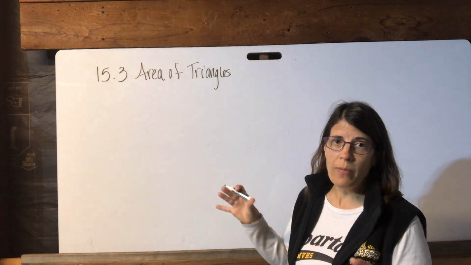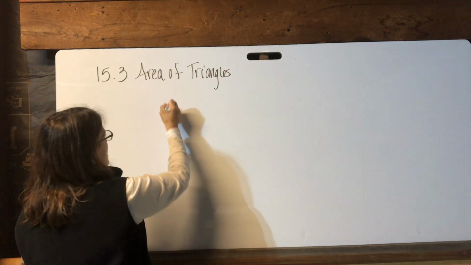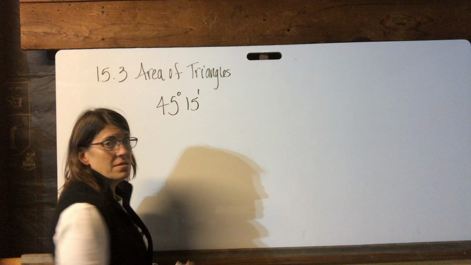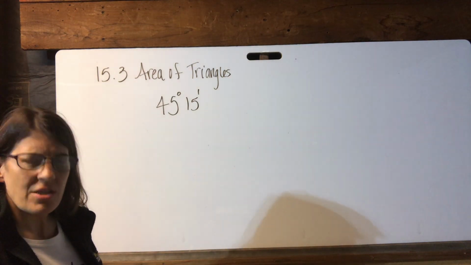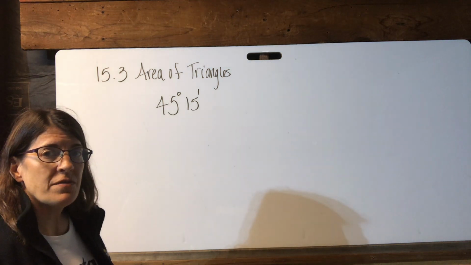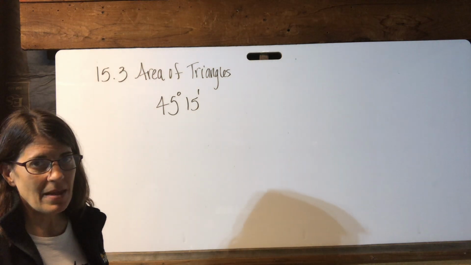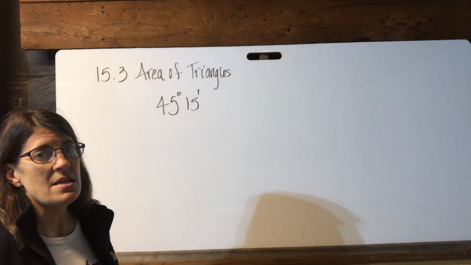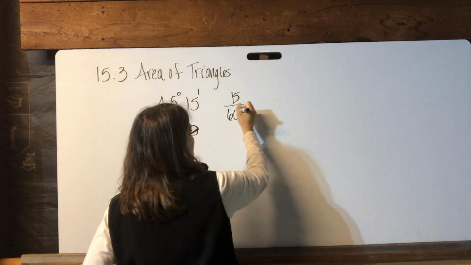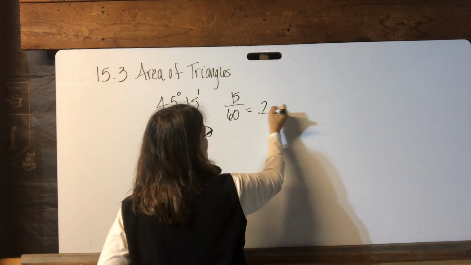When you're doing word problems or even non-word problems, sometimes you're going to see something like 45 degrees and then 15 with an apostrophe, and that means 15 minutes. There are 60 minutes in an hour, so 15 minutes is a quarter of an hour. 15 minutes over 60 minutes in an hour is 0.25.